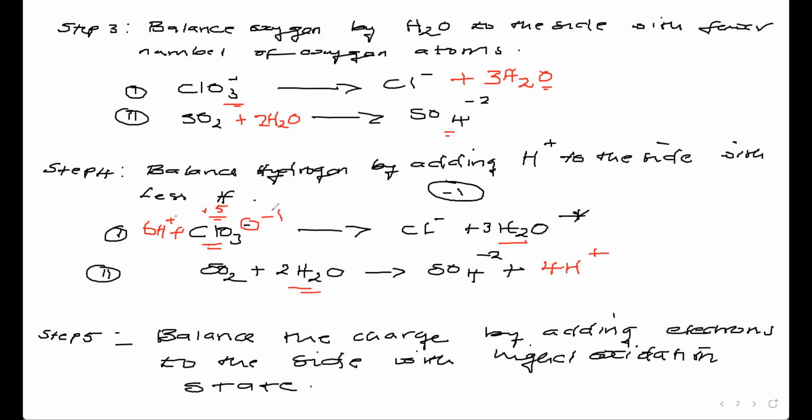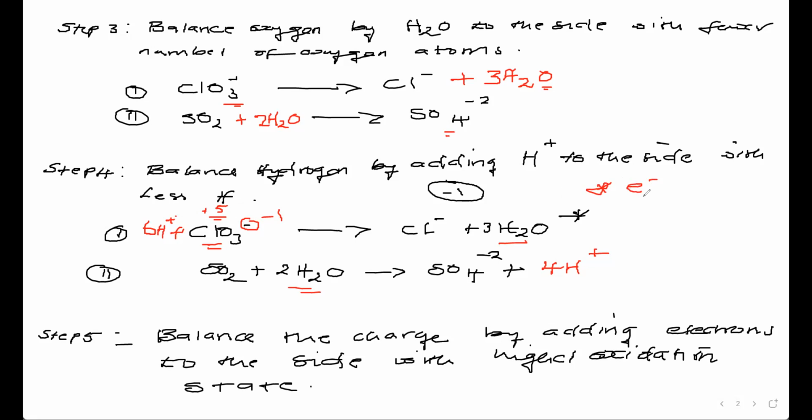But the question is, how many electrons are we going to add? What you should remember is that an electron is negatively charged. So every time you add electrons, we are increasing the negative part, not the positive part.